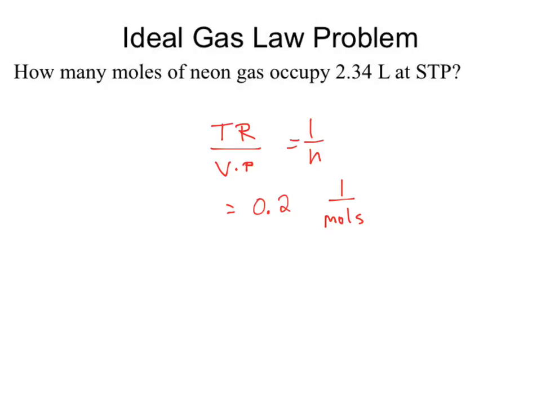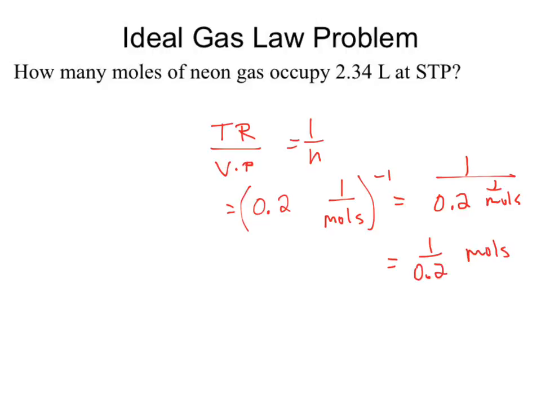So if I now take the inverse of this whole thing to the minus 1, which is the same thing as saying 1 over 0.2 1 over moles, I would end up with 1 over 0.2 moles. If you don't like that, that's fine. Ignore it. I didn't tell you that. But it works. The other option is going all the way back and resolving everything. Okay. Questions?